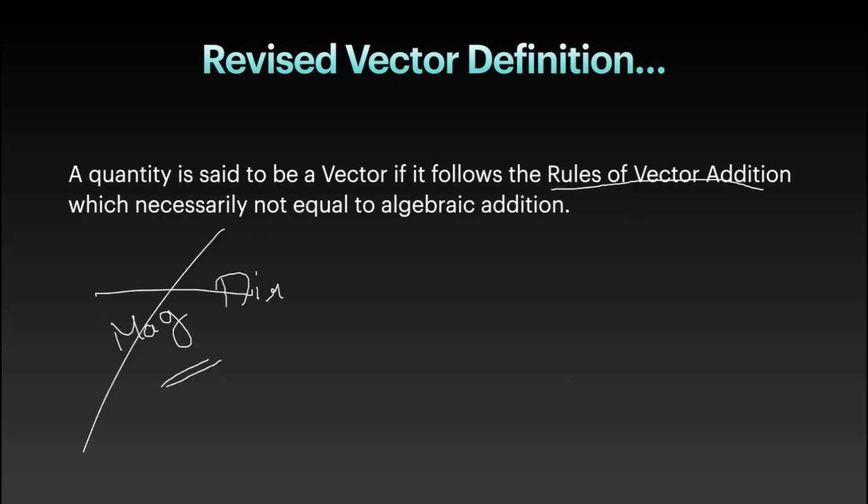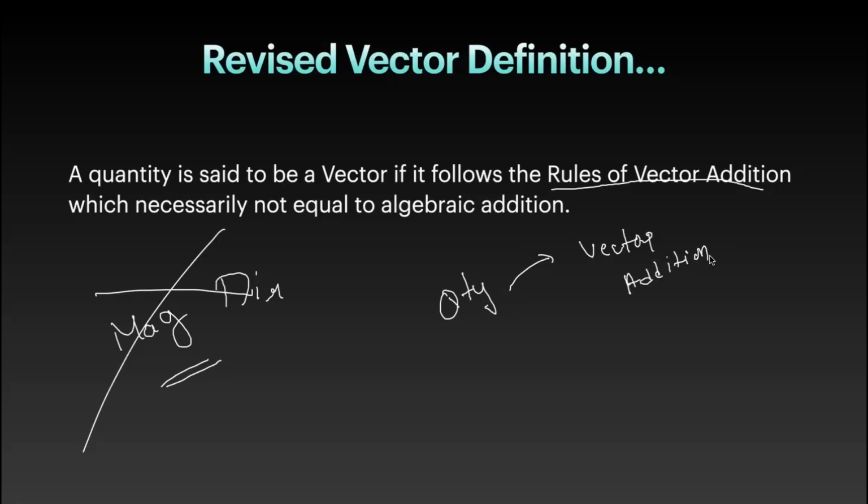Now, forget about these two quantities. Just check if a quantity follows vector addition. If a quantity follows the rules of vector addition, this quantity is said to be a vector.